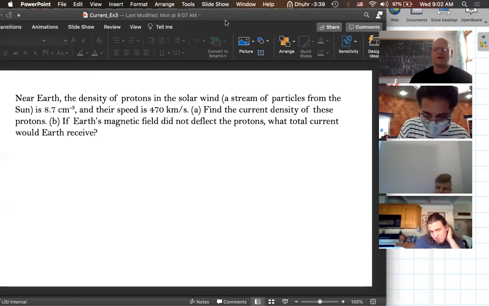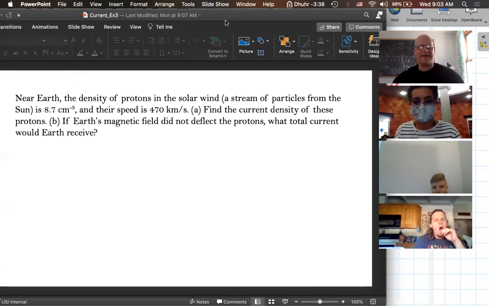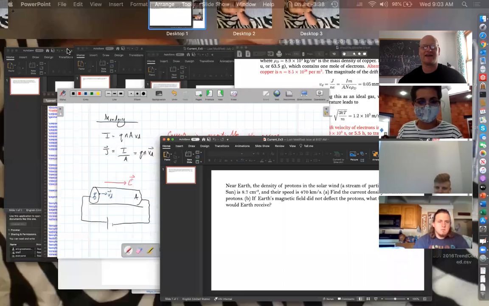The first thing we want to know is, what is the current density of these protons? For part B, if the magnetic field of the Earth did not exist, which if it didn't, we'd all be dead, what is the total current the Earth would receive? We'll talk about what all this actually means in a second.